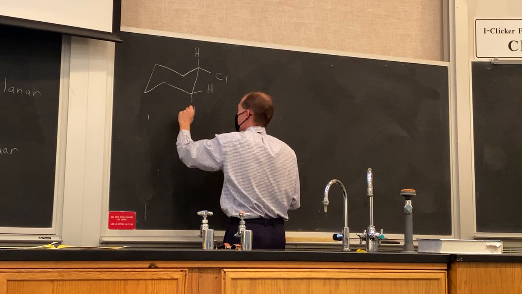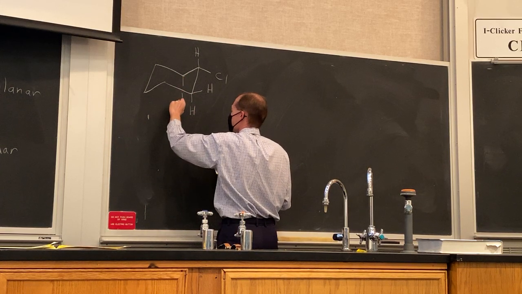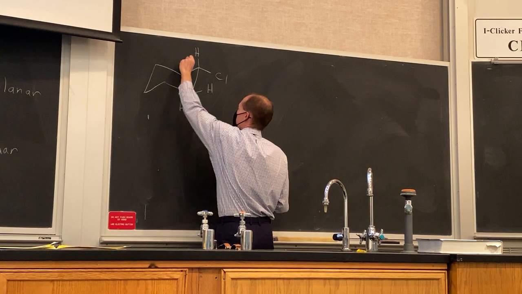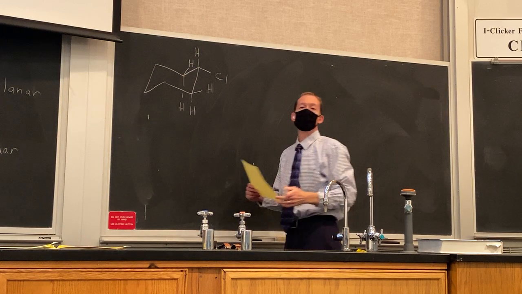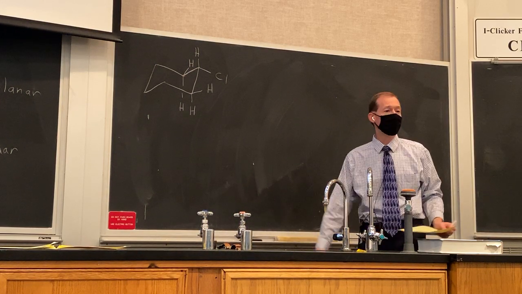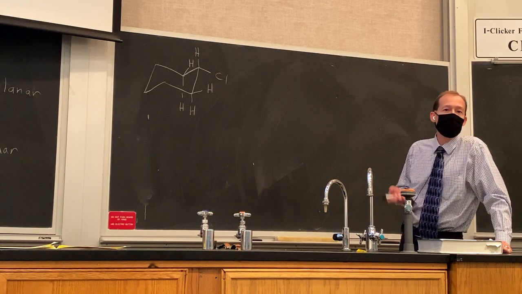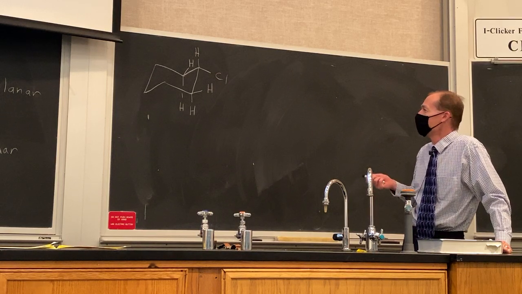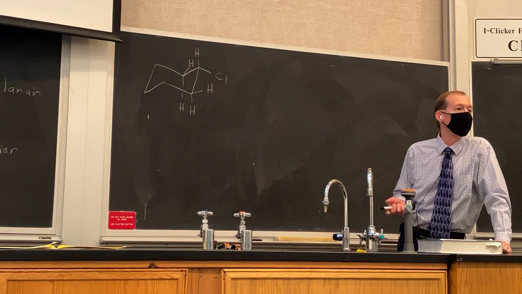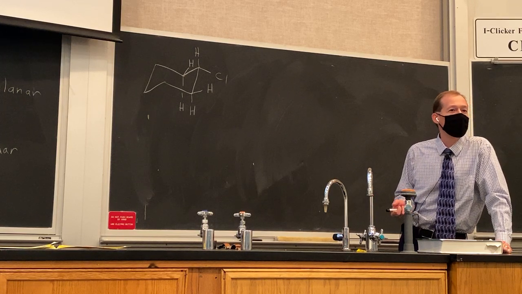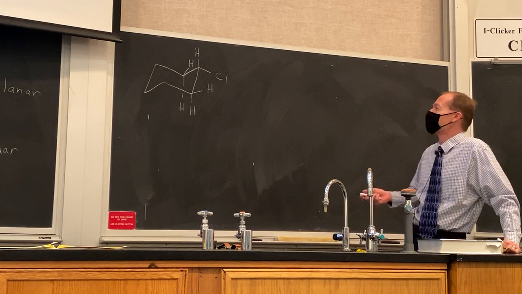I'm going to draw in the hydrogens on the beta carbons, because those are the ones that are relevant to an E2 reaction. Are there any beta hydrogens that are anti to our chloride leaving group? Okay, I see a shake of the head, and that's correct.